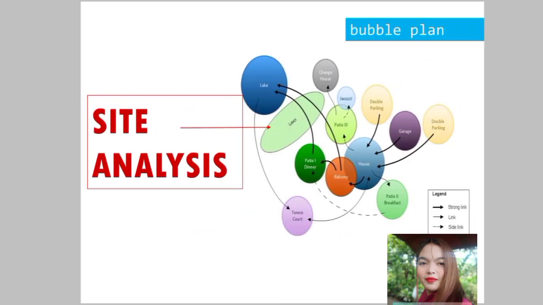So for the site analysis or the bubble plan, we have the lake, our change house, our lawn, our patio, the tennis court. We need to analyze where we are going to put the lawn or the lake if we're going to design such big areas. We're going to put the fountain, the courts, the tennis court, the basketball court, and your house as well, your garage.